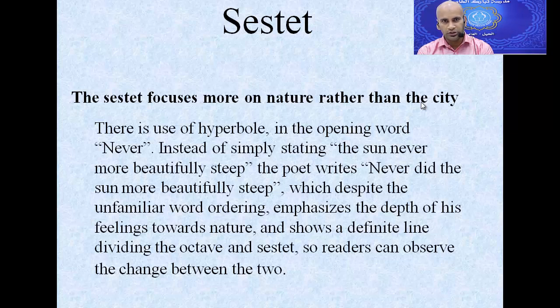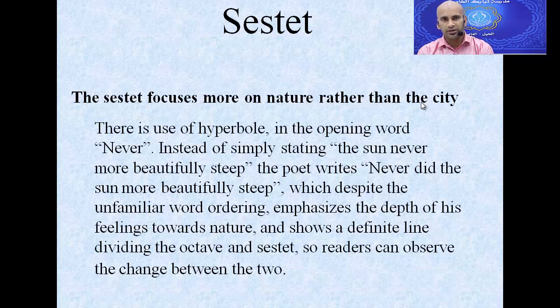What does it mean? It is an emphasis on the appearance of the sun. Here the sun is personified, as when the sun appears in the village, it was not really as beautiful as this one. It means sunrise was more beautiful in the city than in the village.